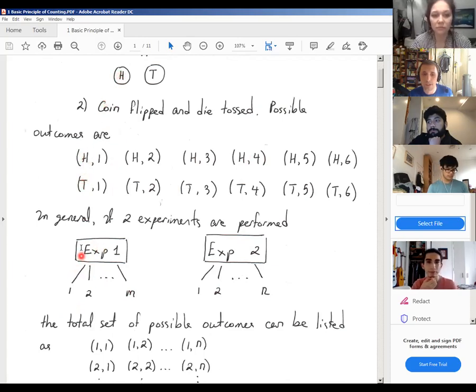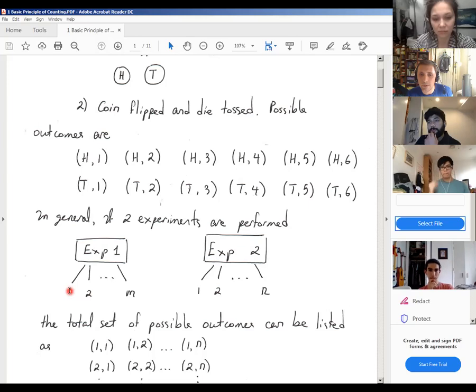So what would happen in general if I have experiment 1 and experiment 2? If experiment 1 has outcomes 1, 2, 3, 4, all the way to some number M. If you don't like M, think this number is 10. And if you don't like N, think this number is 15. So if 1 came out, I have 15 possibilities. If 2 came out, I have also 15 possibilities.